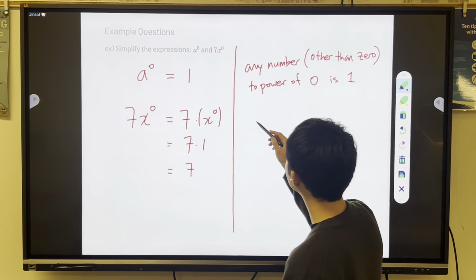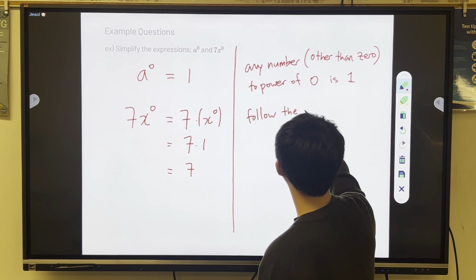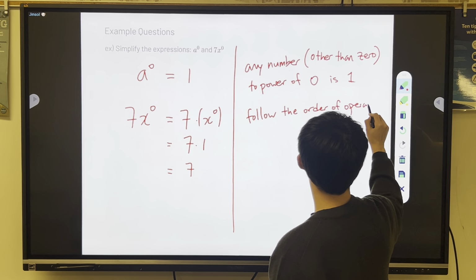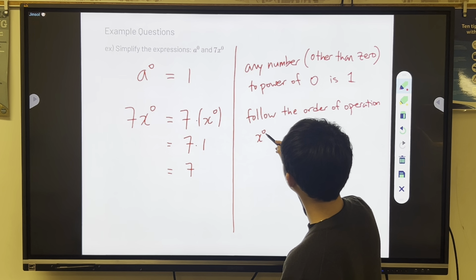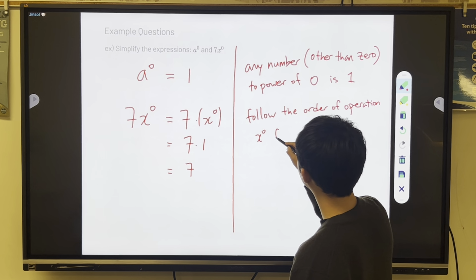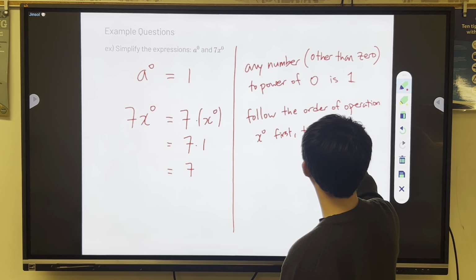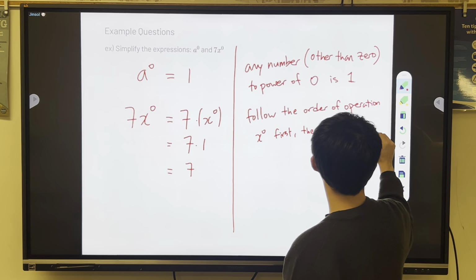For the second question, actually follow the order of operation. So x power of 0 happens first, then multiply by 7.